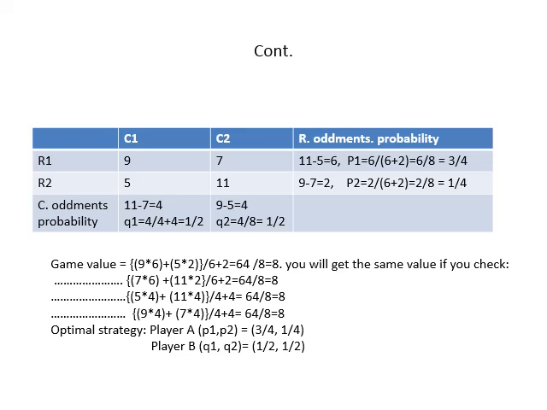The values of C1 are 9 and 5. The difference is 4, 9 minus 5 equals 4.